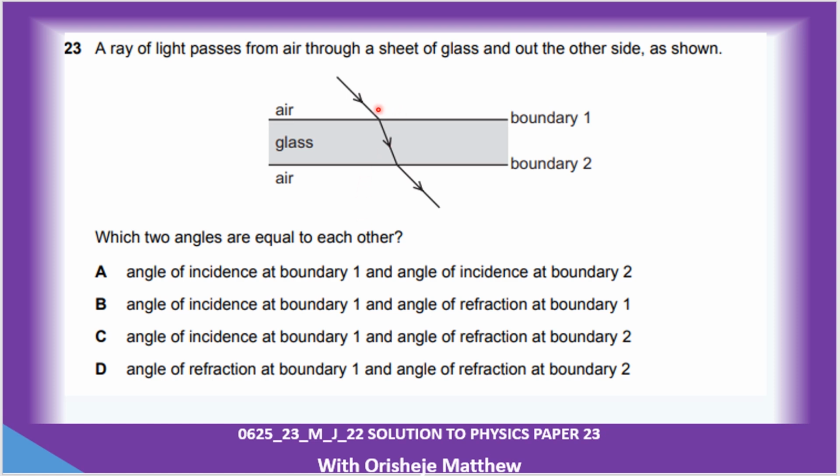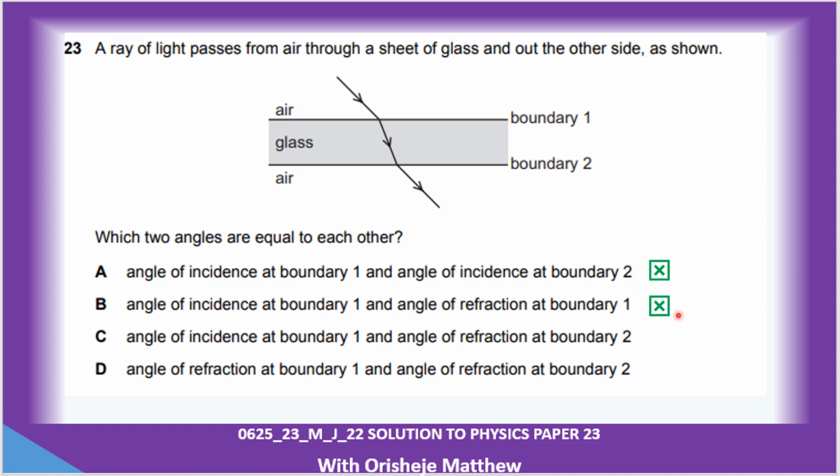So we have the angle of incidence and the angle of emergence. So the angle of incidence at boundary 1 and the angle of emergence.